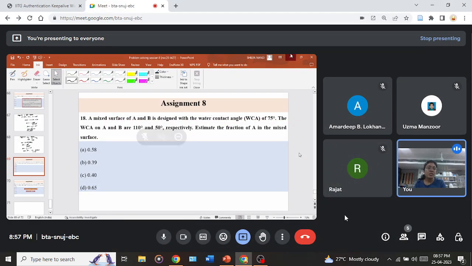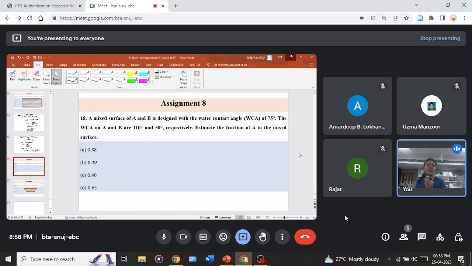a mixed surface of A and B is designed with a water contact angle of 75 degrees. So this mixed surface has a water contact angle of 75 degrees. Now the water contact angle on A, so this mixed surface already has two different kinds of surface, one is A and one is B. This A surface has a WCA of around 110 degrees, whereas this B surface has a water contact angle of 50 degrees.